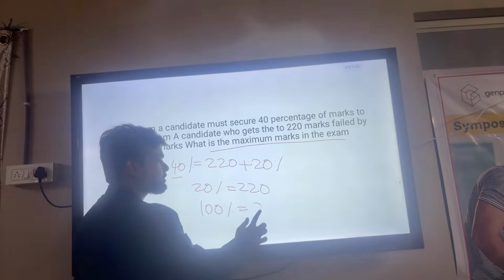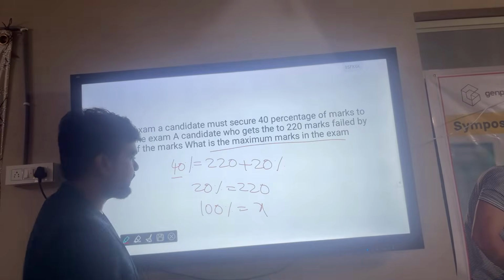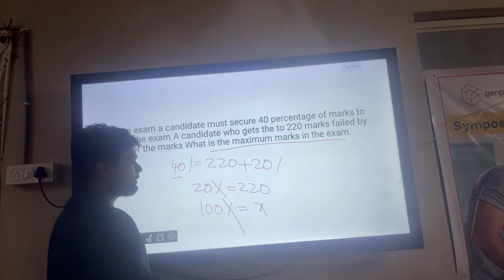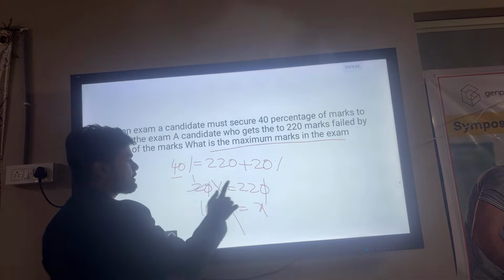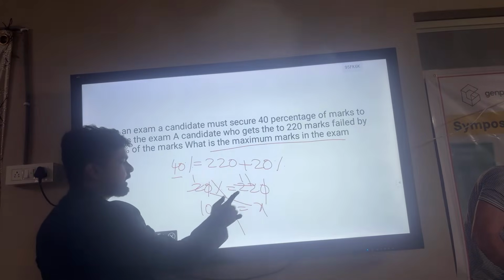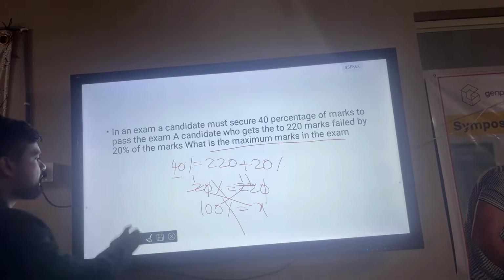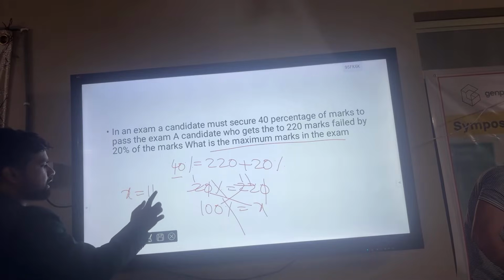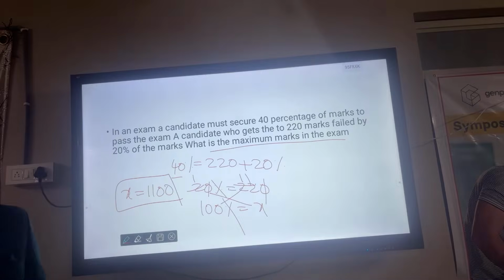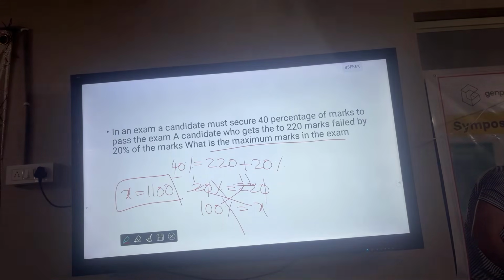Maximum marks is equal to x. We have to identify it. Percentage cancels, 0 cancels. 2 ones are 2, 11 are. When you cross multiply 11 into 100, x is equal to 1100. What is the answer? 1100.